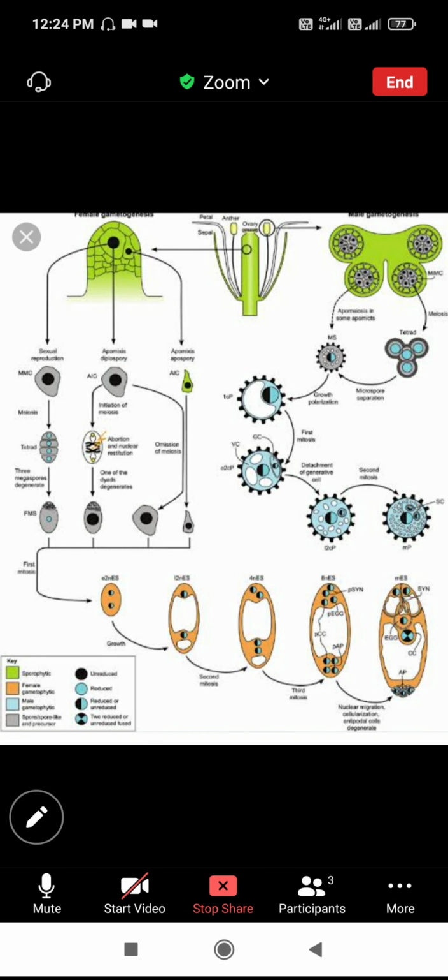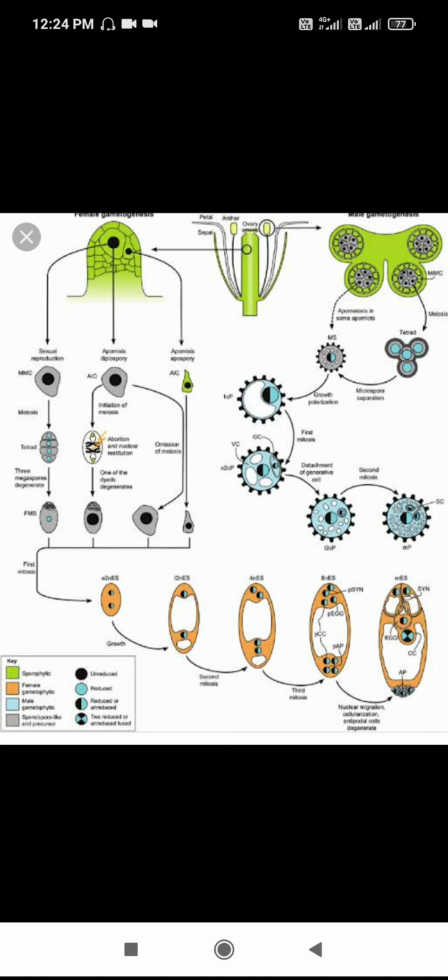See this picture. There are different opinions regarding the development of the male gametophyte in Gnetum. There are different opinions about how they develop the male gametophyte in Gnetum.